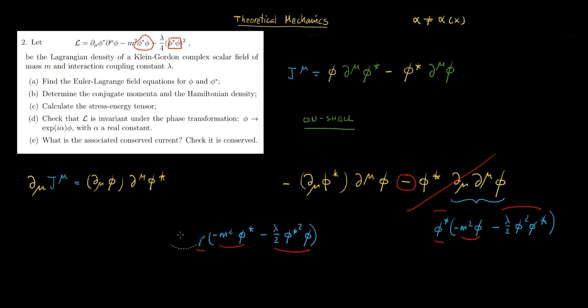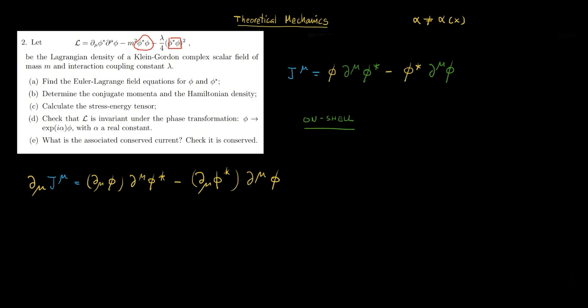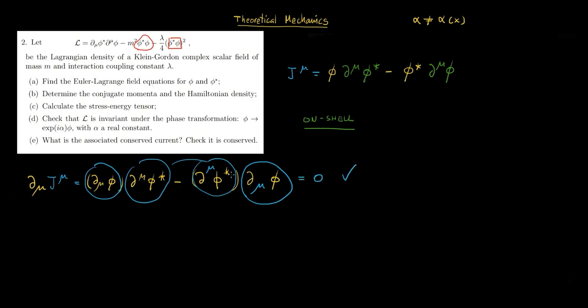So this term vanishes with this term, and using the property that this Lorentz dot product is the same with mu upstairs and mu downstairs, we see that this thing is the same as this thing, and this thing is the same as this thing, and with this minus, this gives us 0. So remember, the conservation of the current is fulfilled if we are on shell. This is an important issue.